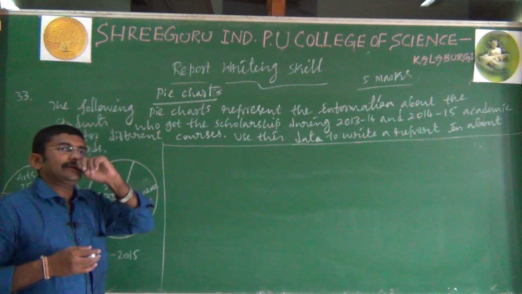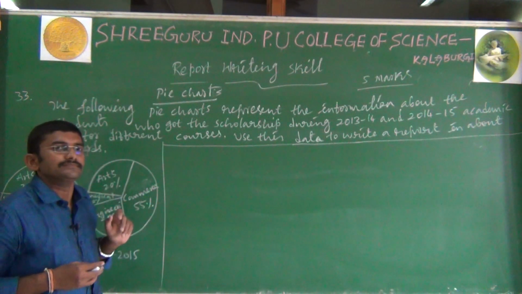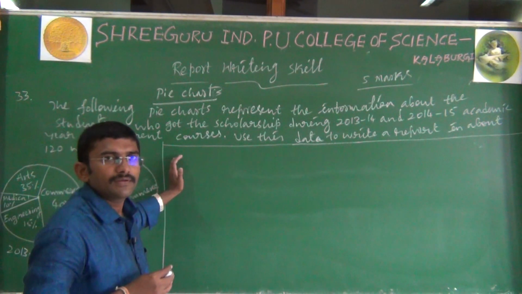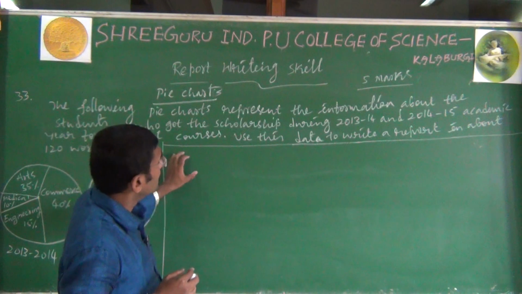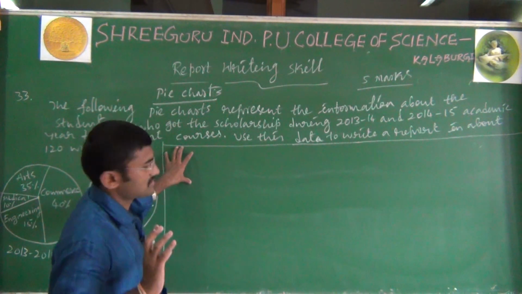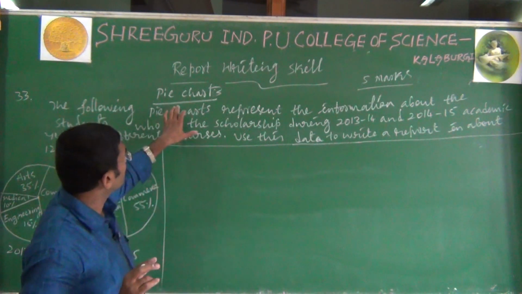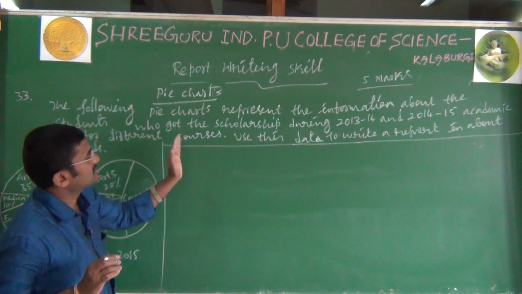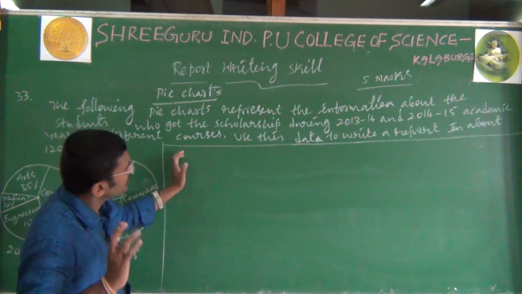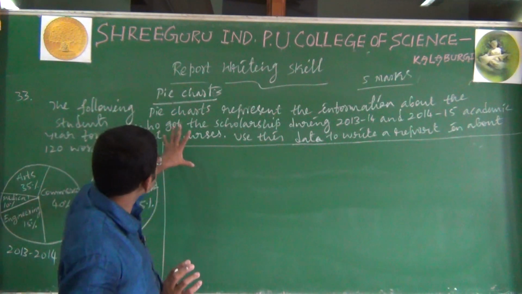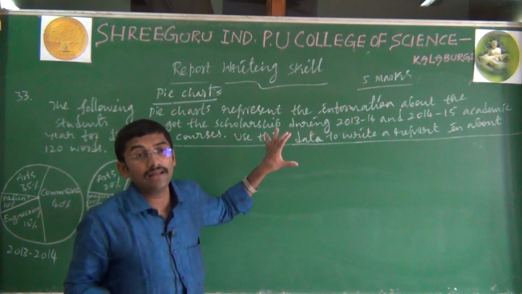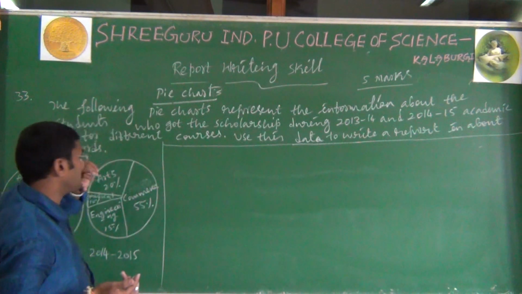So what to be written in report writing? First we'll have to represent the information. This given report writing question is going to indicate what? These pie charts will talk about which area particularly we'll have to write at the beginning.